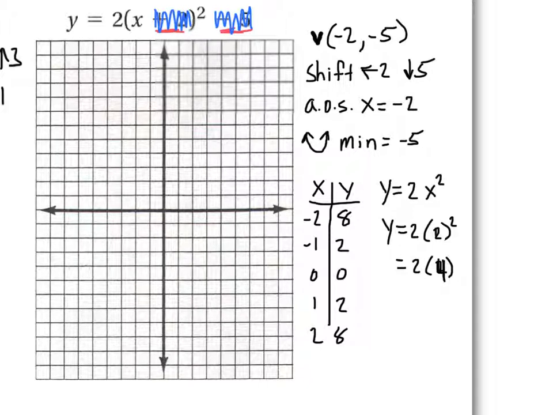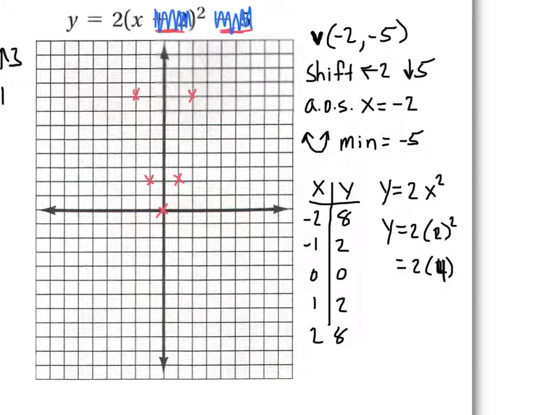All right, looking at the graph. These values in our t-chart are before the shift. So I graph those with just little x's. So if I'm at -2, I'm up 8. -1, up 2. 0, 0. 1, 2, and 2, 8.